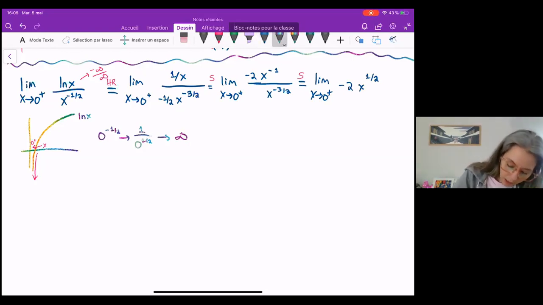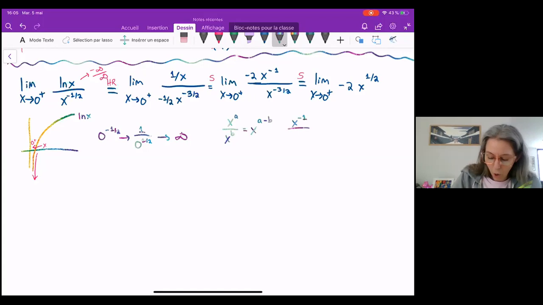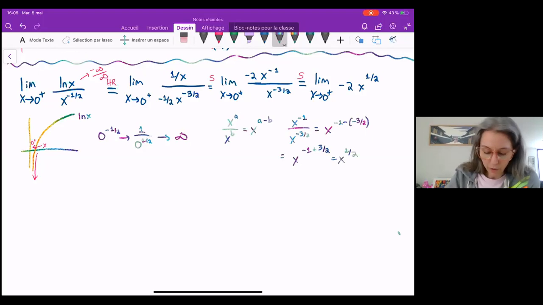So what I'm doing there, I'm remembering that x to the a over x to the b is equal to x to the a minus b, which means x to the negative 1 over x to the negative 3/2 is equal to x to the negative 1 minus negative 3/2, which is x to the negative 1 plus 3/2, which is x to the 1/2. Well, now when I plug in, I just get 0. So my final answer here is just 0.